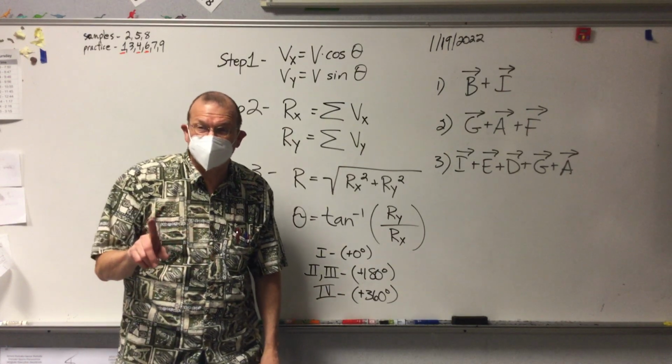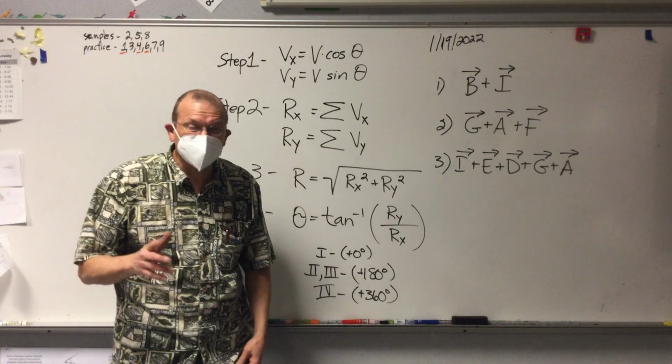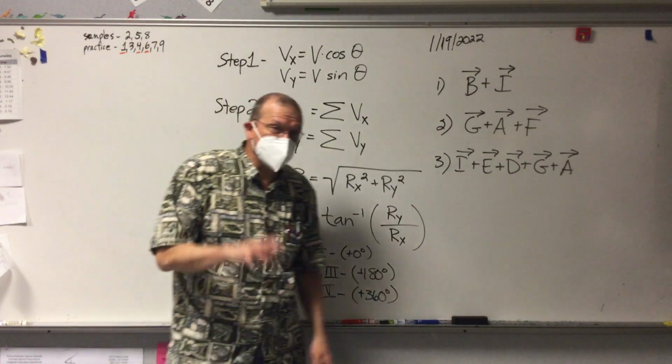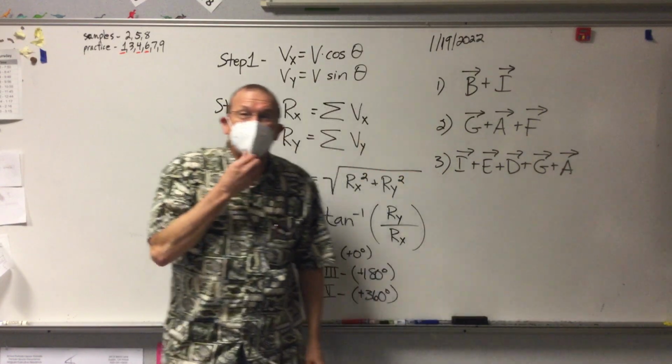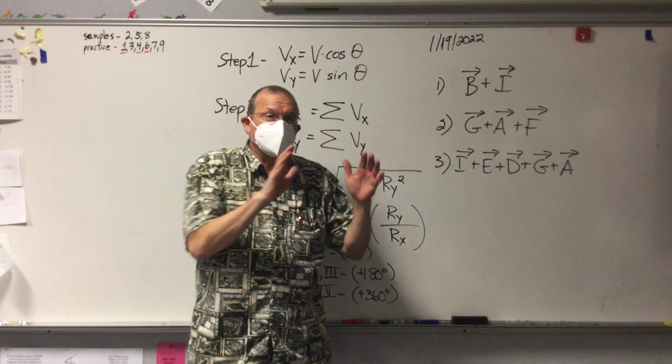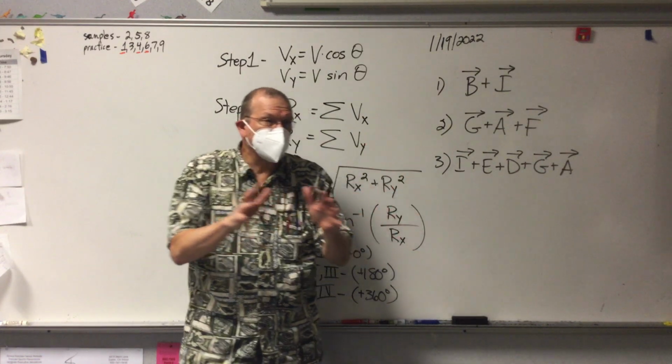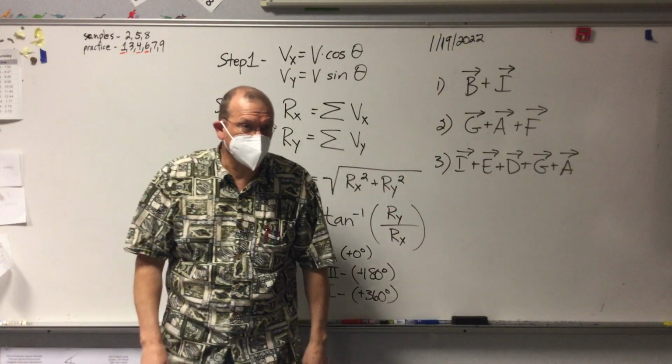Now, one of the coolest things that I ever learned about, and I will tell you this, if you go into your mode, there is polar coordinate mode and rectangular coordinate mode.